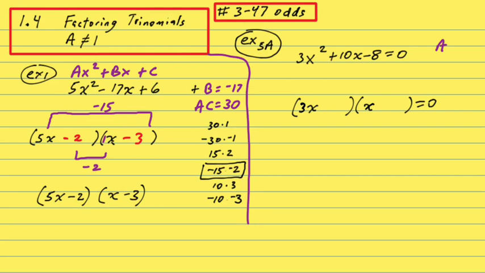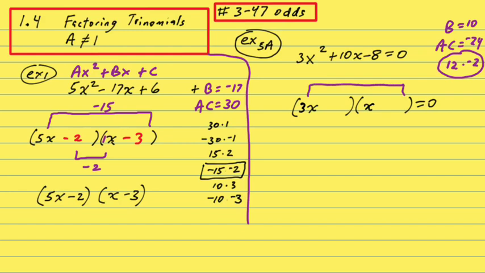A times c is negative 24. And what's b? 10. So I need things that multiply to negative 24 and add to 10. With practice, you'll get pretty good at it. The 12 and negative 2 multiply to negative 24, but they also add to 10, right?